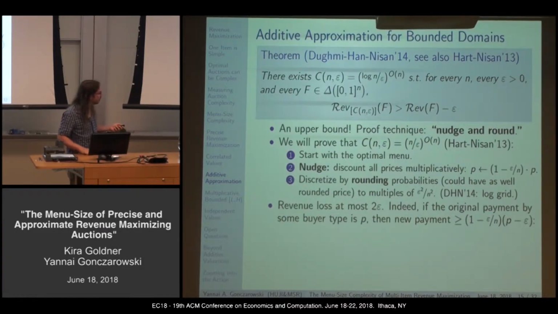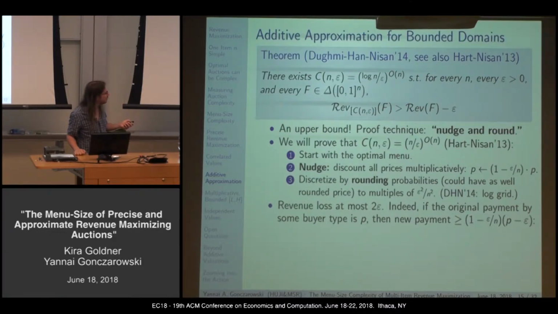So we're going to claim that if the original payment by some buyer type is p, then her new payment for this rounded and nudged mechanism is going to be at least p minus epsilon, times 1 minus epsilon over n. Why is this at most 2 epsilon less? Because p minus epsilon, okay, so you lose 1 epsilon. And then we multiply by 1 minus epsilon over n.